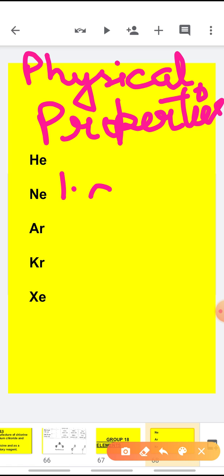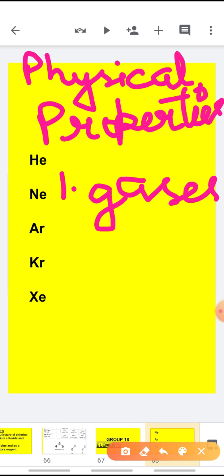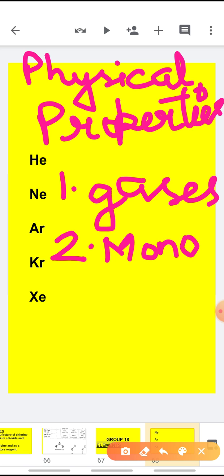First thing is they all are gases. Second thing is they all are monoatomic gases. Monoatomic means only one atom is present in the gas. They do not form a bond because of stable configuration. So they are monoatomic gases.